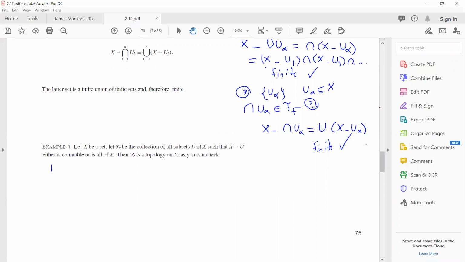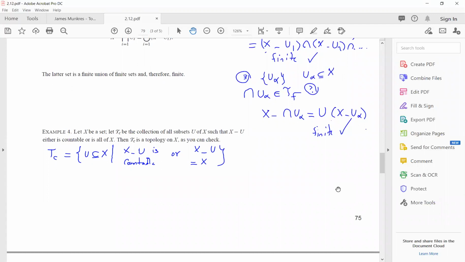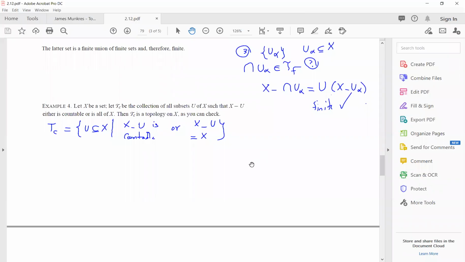So we can define this collection, tau sub c, to be the set of all subsets of X such that X minus U is either countable or X minus U is equal to X. We have to check each of these conditions for this collection.